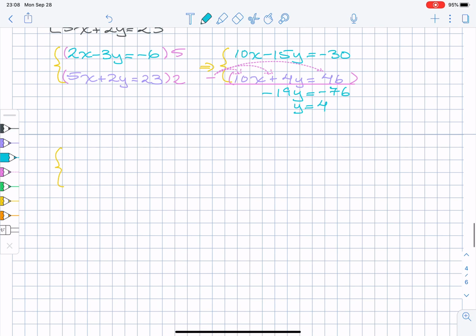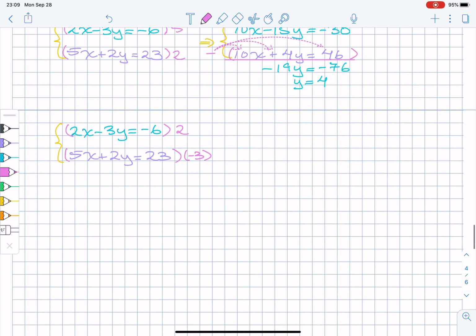Okay, so I'm going to start off with the equation 2x minus 3y is equal to negative 6, and 5x plus 2y is equal to 23. But now instead of eliminating x, I'm going to eliminate y. So I'll multiply the first equation by the coefficient of y in the second, and I'll multiply the second equation by the coefficient of y in the first.